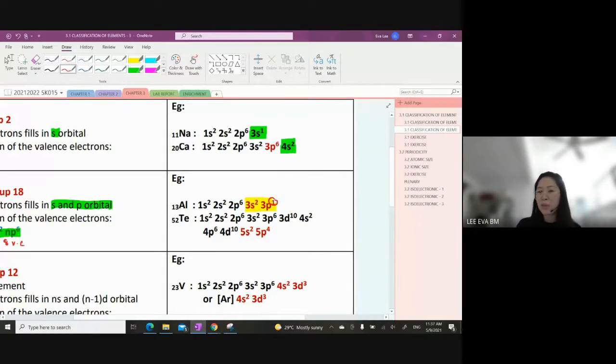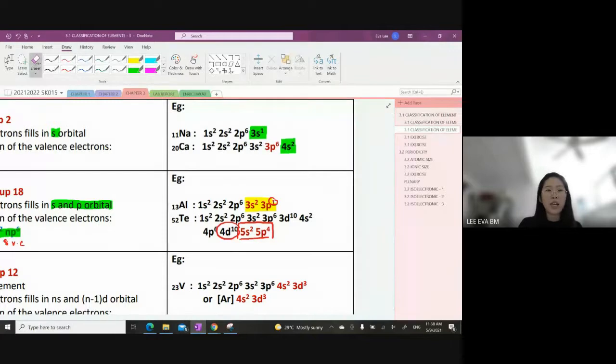Elektron yang last kali masuk dekat p orbital. Maksudnya dia adalah dari group block P. Okay, and then one more we see is tellurium over here, with 52 electrons, from 1s2 up until 5s2, 5p4. If you still remember from the last lesson, Madam ada mention, bila awak punya d orbital sudah penuh dan dia sudah masuk p orbital, maka kita move inside. So it will be easier for you to recognize your valence electronic configuration.